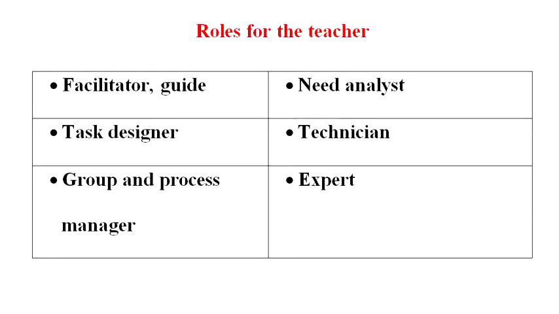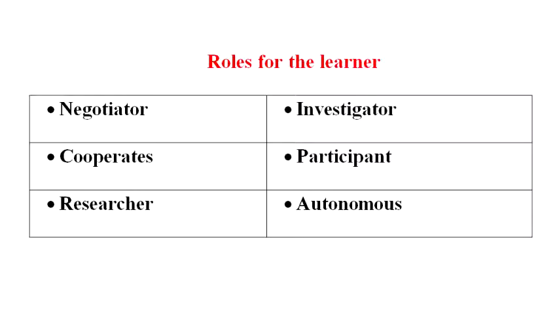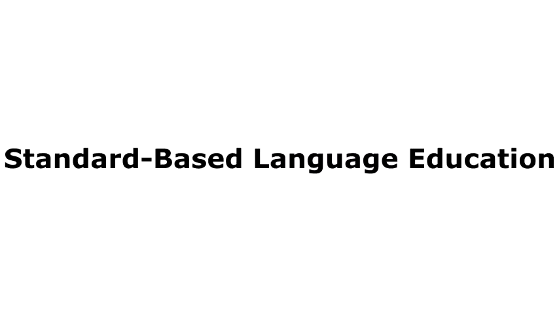And now let's see the role of the learner. Learners are negotiators, they cooperate, researchers, investigators, participants, and active members of the community. They evaluate their own progress, which leads to autonomy, as we have seen in competency-based language teaching.